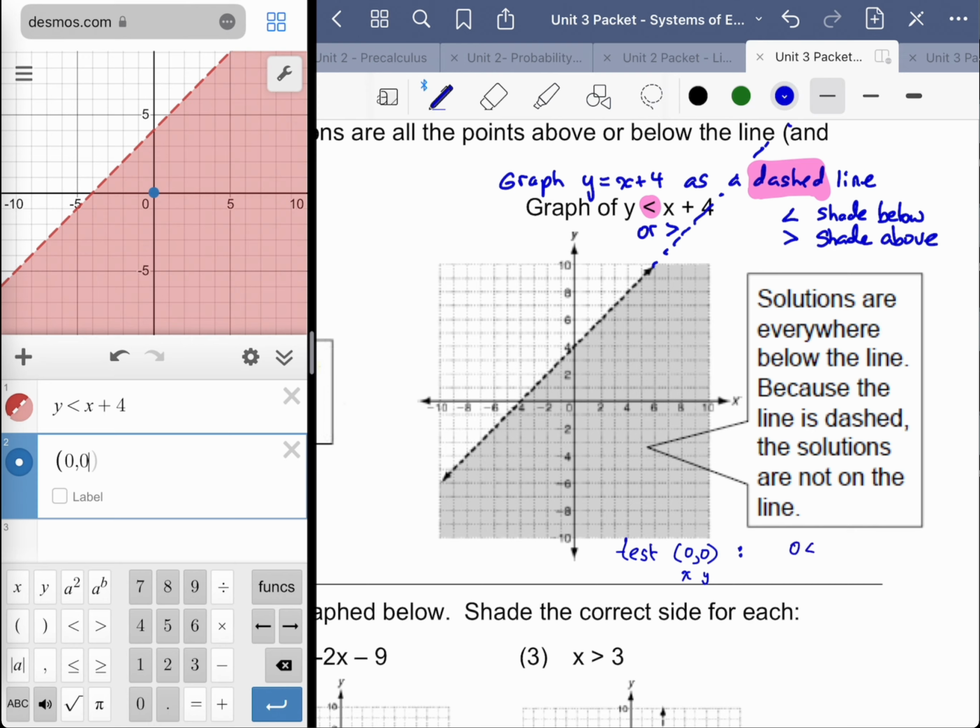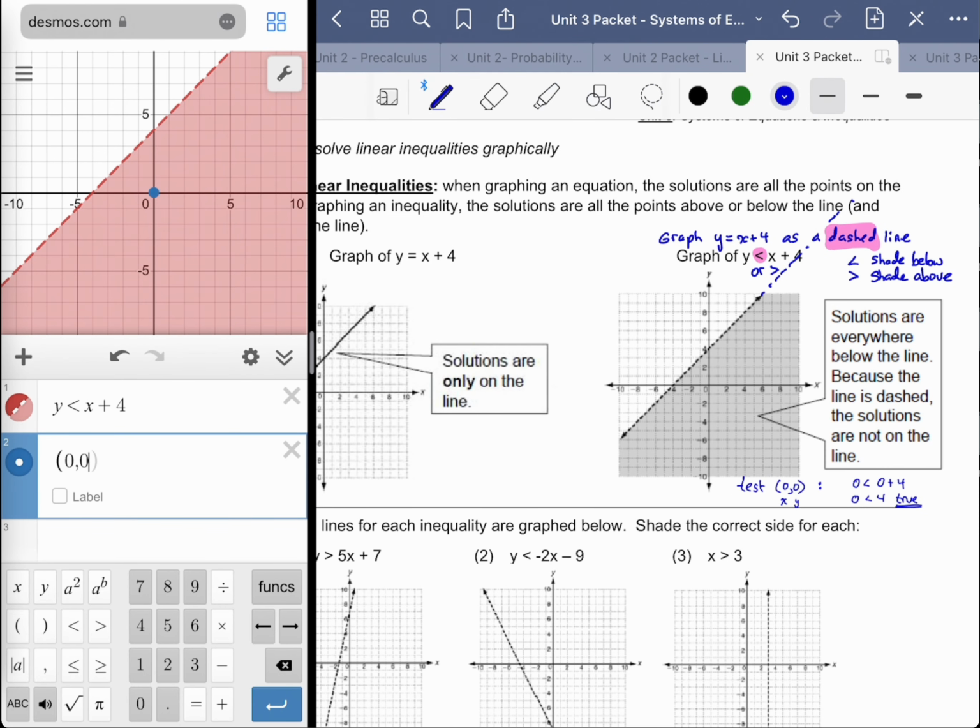So 0 less than 0 plus 4, 0 is less than 4. That's true. So that means wherever you decide to make your shading, 0, 0 should be in that shaded region. All right. That's if you want to actually verify it manually.